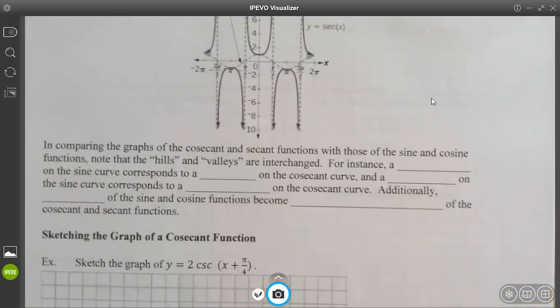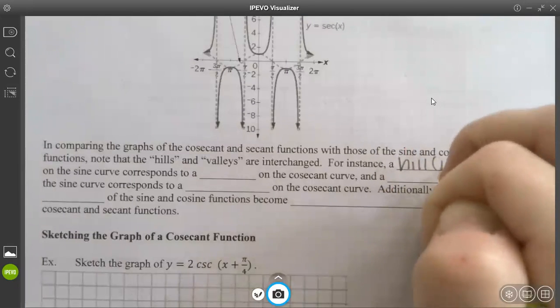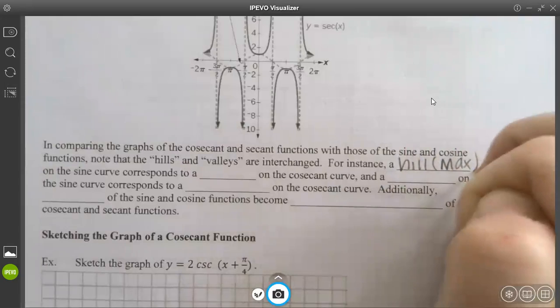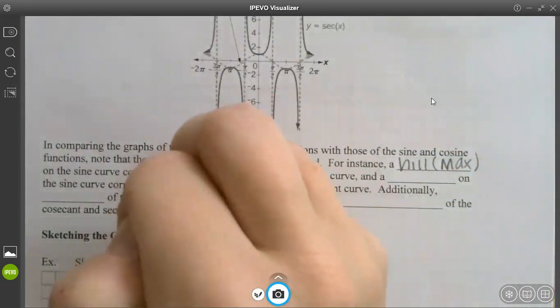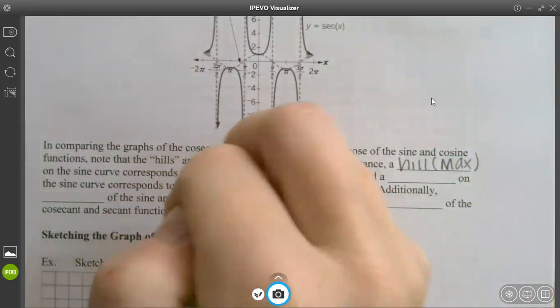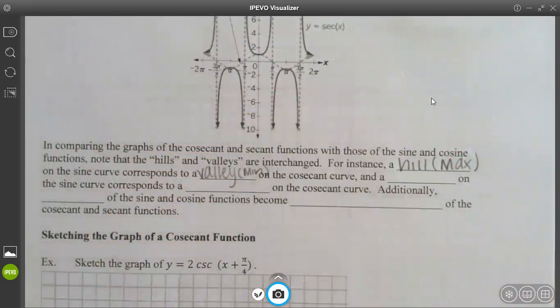So in comparing the graphs of the cosecant and secant functions with those of the sine and cosine functions, note that the hills and valleys are interchanged. For instance, a hill, which is a max, on the sine curve corresponds to a valley, or a minimum on the cosecant curve.